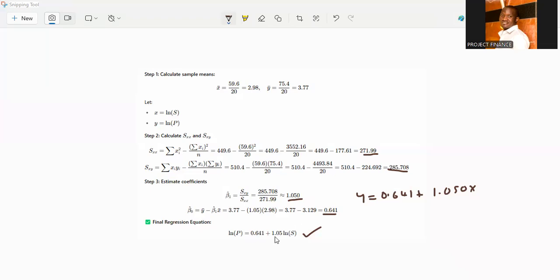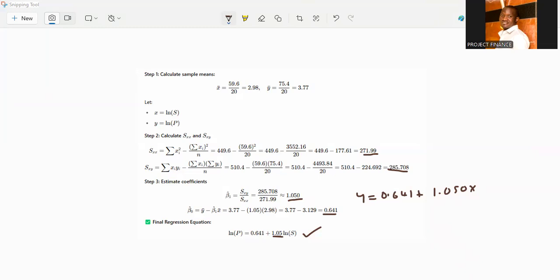So you need to interpret that. A 1% increase in living space is associated with a 1.05% increase in what? Price, on average. So this indicates that there's slightly increasing returns to scale in the housing prices relative to the space.